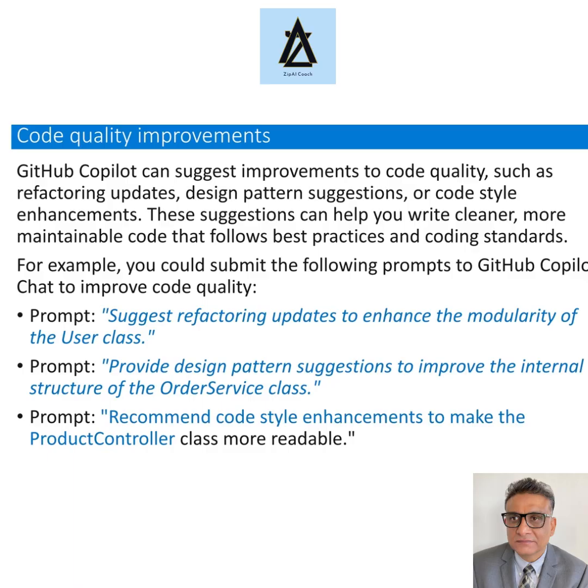For example, if you have a code written, you can write a prompt to suggest refactoring or implement some design patterns or improve the coding style. Now, these are important aspects of building application code which is more robust.